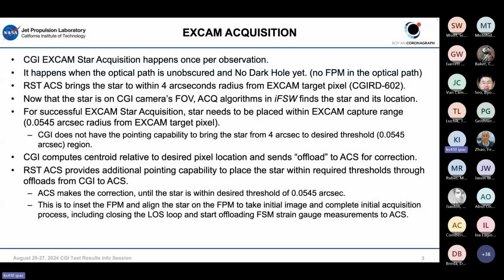One of the conditions for a successful XCAM star acquisition is to bring the star, the PSF, to within a desired threshold, which is 54.5 milliarc seconds. So we need to go from 4 arc seconds to 54.5 milliarc seconds.